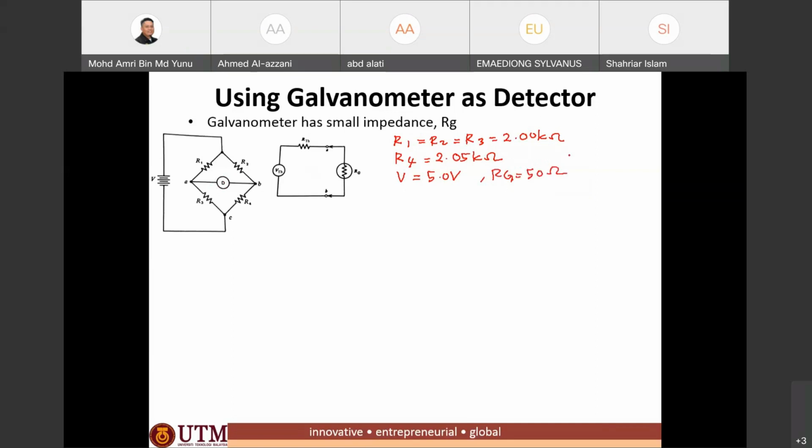Okay, find the output voltage VAB. What is the value of VAB? Okay, we no longer can use the condition for balanced circuit.